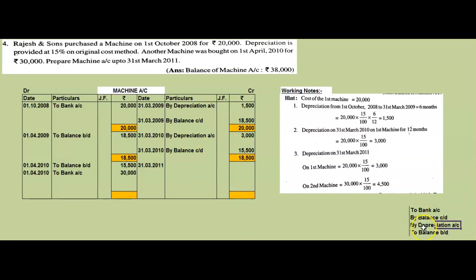Because this is the first problem, I will show you separately. You should not get confused while doing the problem. I am showing two depreciations to make you understand. For the first machine we got 3,000.